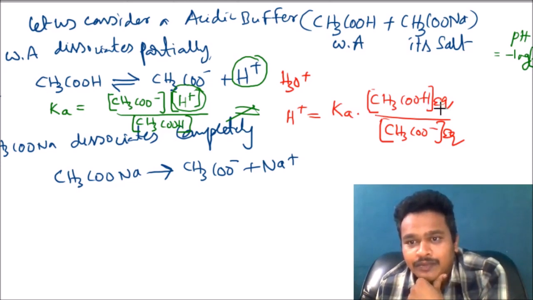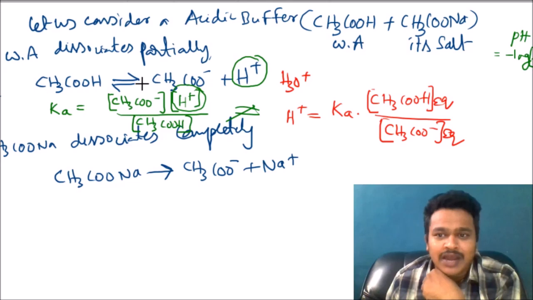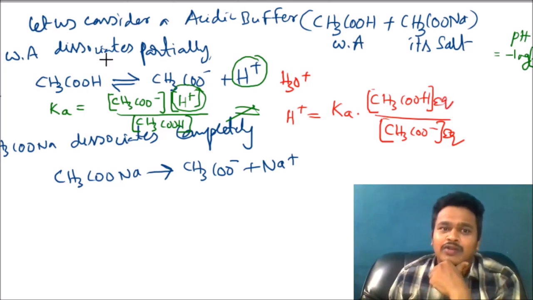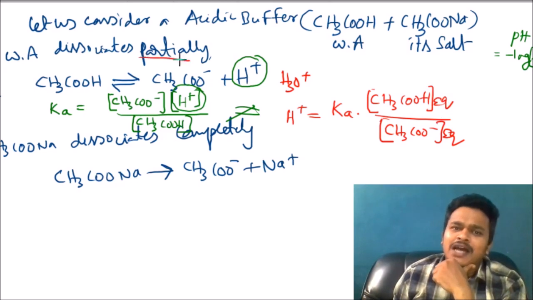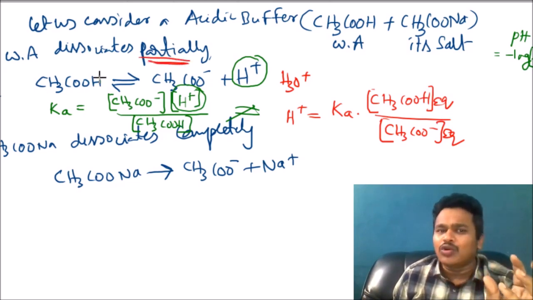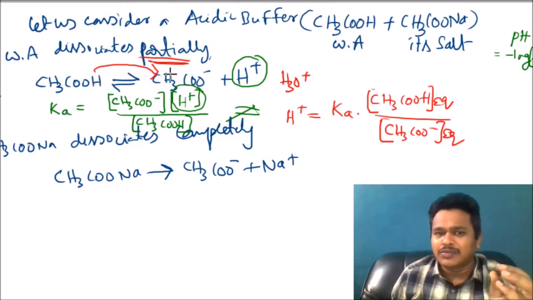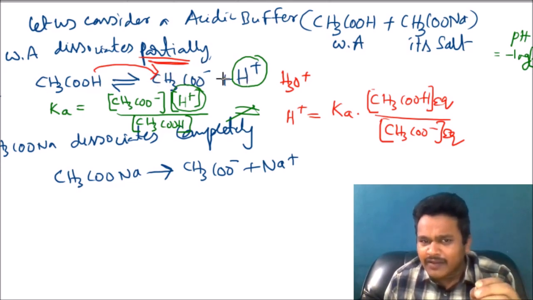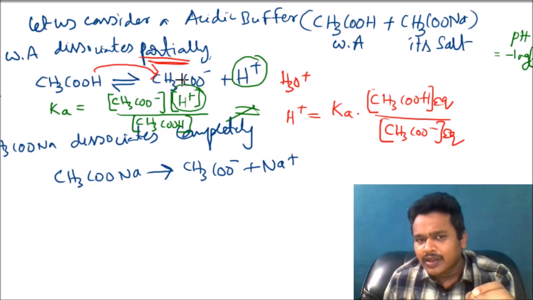What I told is, at equilibrium means after some time the equilibrium is achieved. What we are discussing is that this is dissociated partially. That means only a small amount is converting into ions. At the equilibrium state, these ions, CH3COO minus and H plus, come out in only very small amounts.